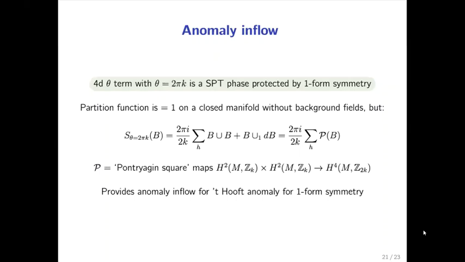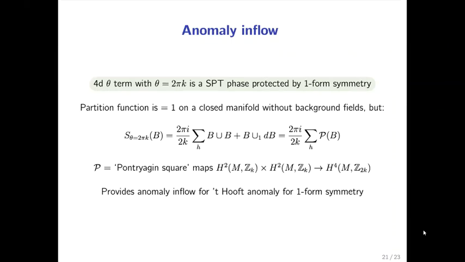The fact that the phase in this SPT is 2 pi i over 2K tells us that this is some operation which takes our Z_K 2-cocycle and maps it to some Z_2K 4-cocycle. And then we can sum that over our lattice. So this is a well-defined operation in cohomology. On a closed manifold, this thing is gauge invariant. But if we put it on a manifold with boundary, it's no longer gauge invariant, but it provides anomaly inflow for the 3D Chern-Simons theory.